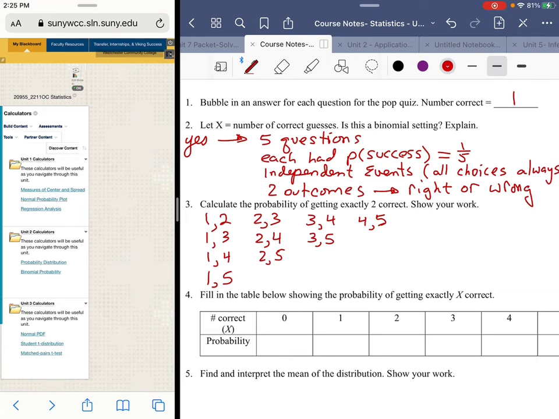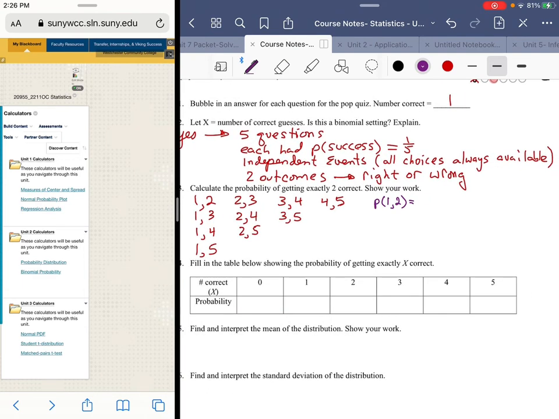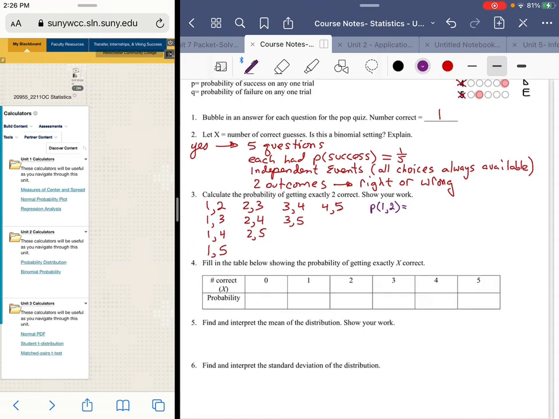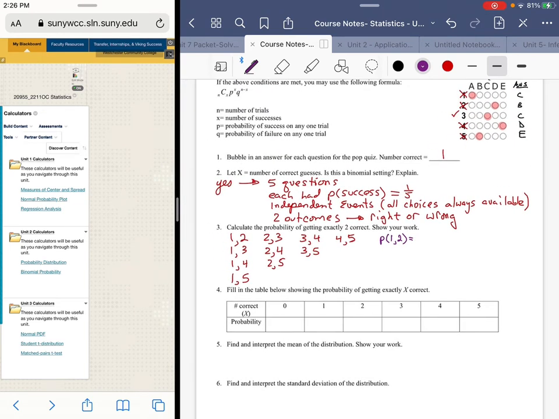Now what we can do is start the process of figuring out the probability of each one. So I would say the probability of getting 1 and 2 right. That would mean that we got the first 2 questions right.